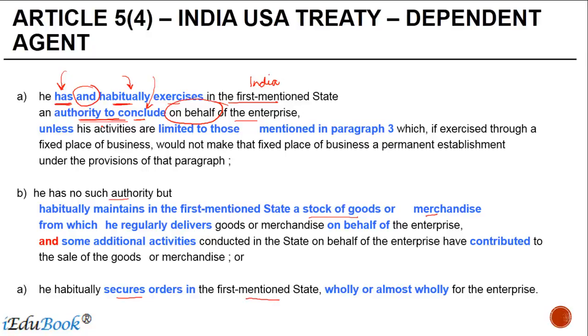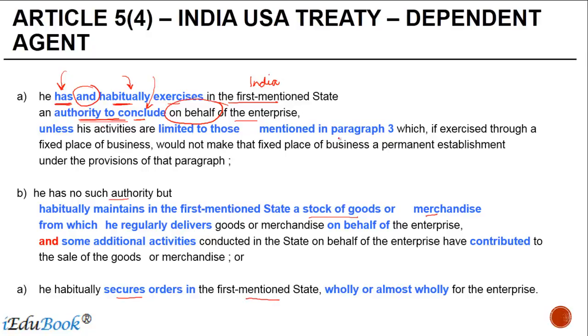If the negotiations are to such an extent that the only thing left is to just sign a piece of paper, then effectively he has concluded the contract, right? But if he negotiates some aspect whereby the key elements of the decision are to be taken by the foreign company, you can still argue that the conclusion has been done overseas, right?